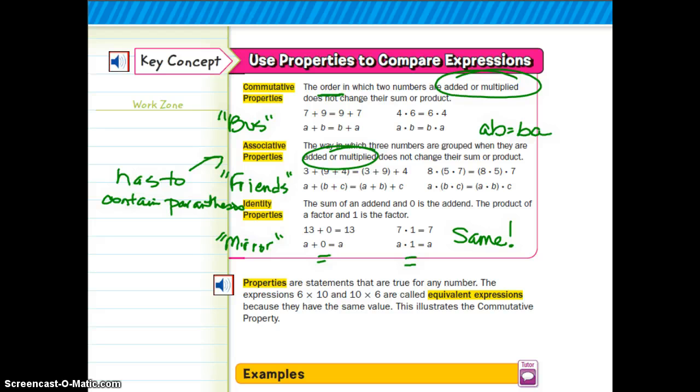The expressions 6 times 10 and 10 times 6 are called equivalent expressions. So one side must equal the other side. So again, we have the commutative property, the associative property, and the identity property. For commutative, it's about order, associative about groups, and identity is about producing the same answer.